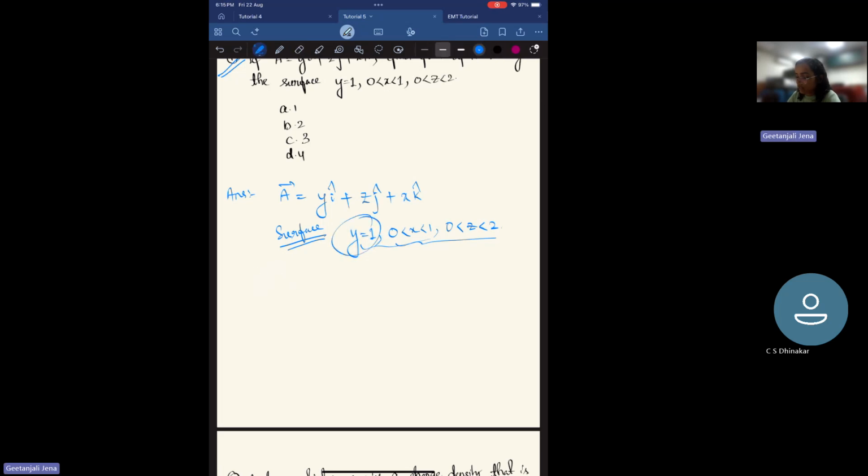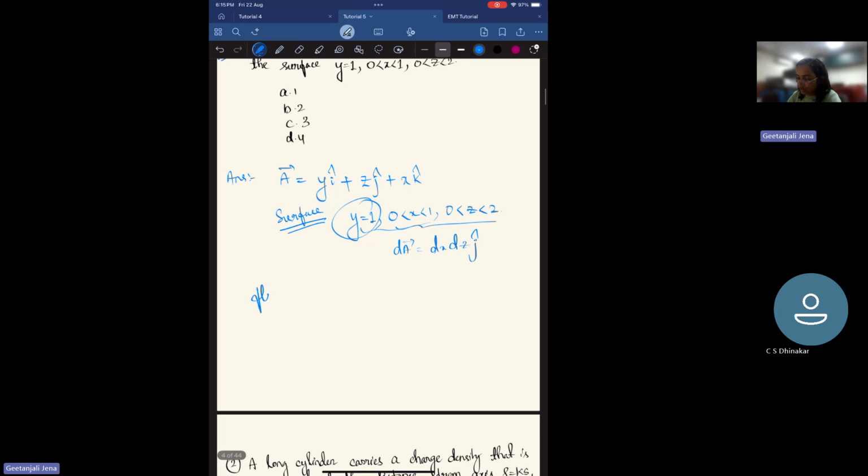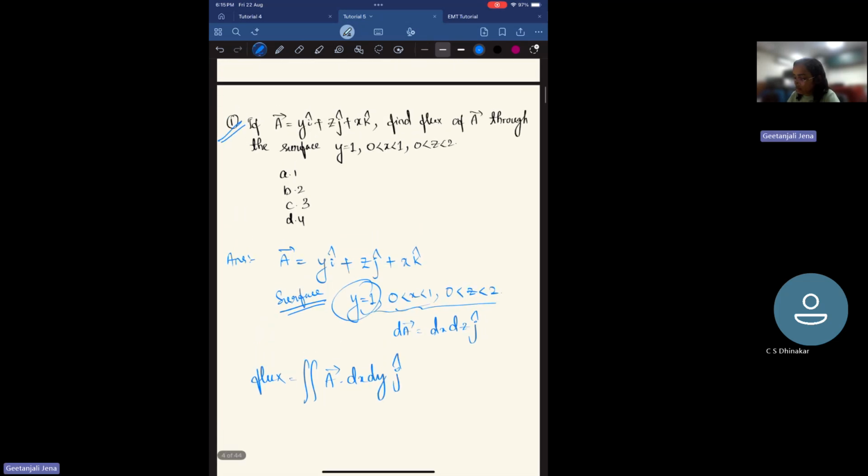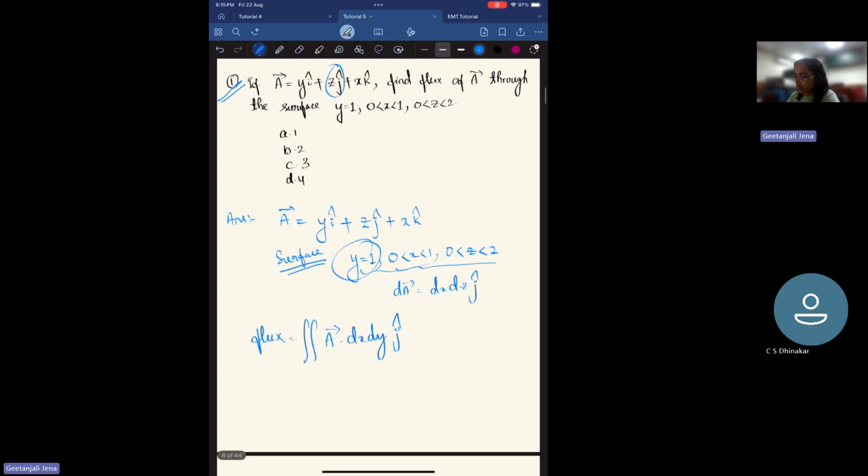Because y is a constant, the area element will be dx dz jk. So flux will be A dot ds, which is A dx dz jk, and the component for jk is z.